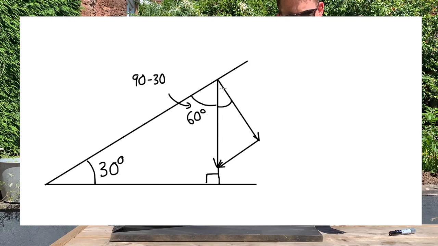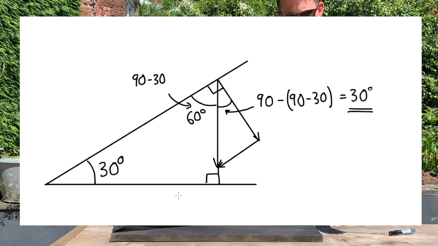Therefore, because we also have a right angle here, this angle here must be 90 minus (90 minus 30), which equals 30.